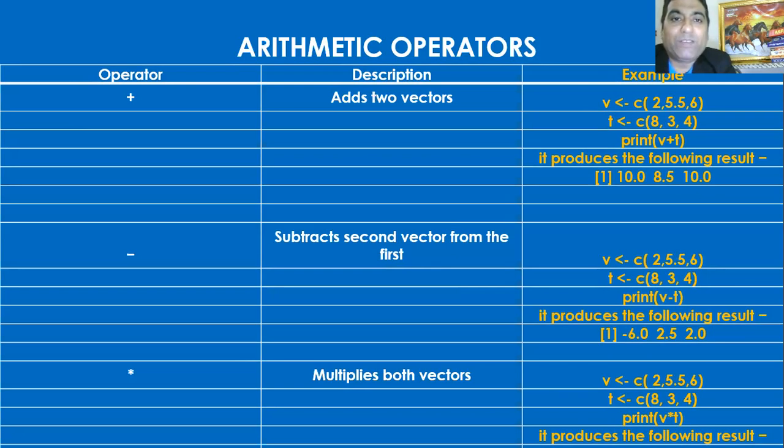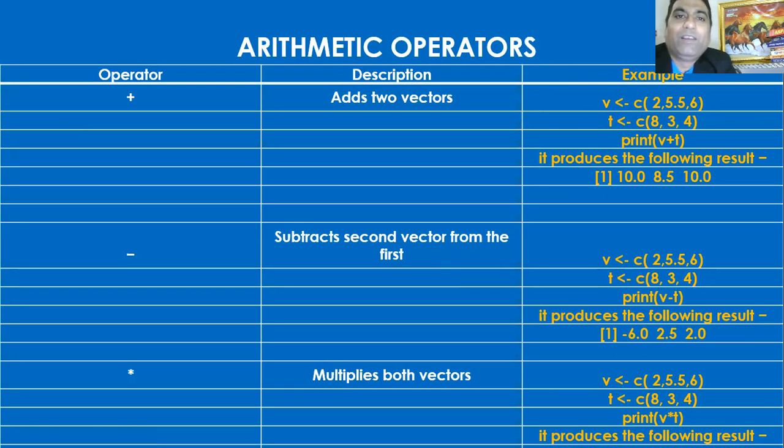Similarly, we are using the minus operator. I have used a few examples here to see. In fact, I have used a list here. So c(2, 5.5, 6) has been assigned to v.